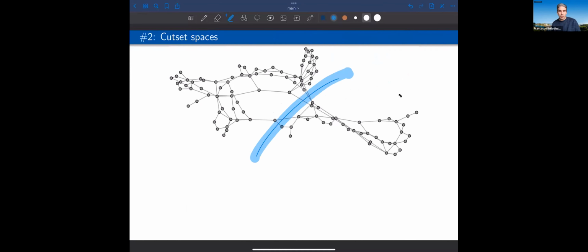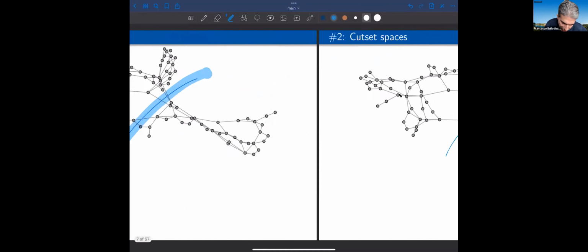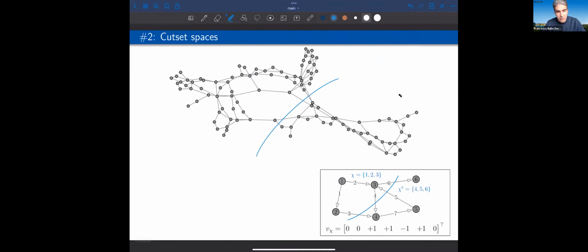It's a very simple geometric concept, and this is formalized in the little picture at the bottom right. There is a notion of cut set space and cycle space in algebraic graph theory. There are beautiful ways of describing the spaces of cuts and writing them as vector spaces. This is a vector describing a specific cut.